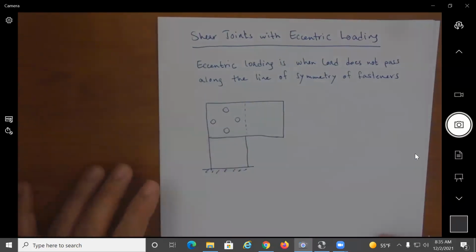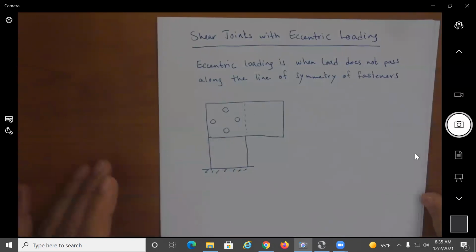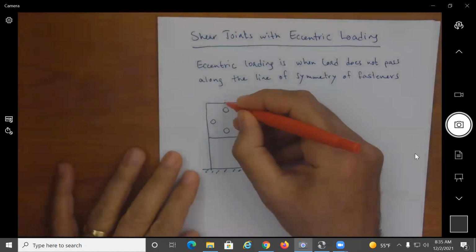So when we look at these fasteners, we can easily find the centroid because we have lines of symmetry that we can construct. So if I want to show lines of symmetry here, I can go like this.